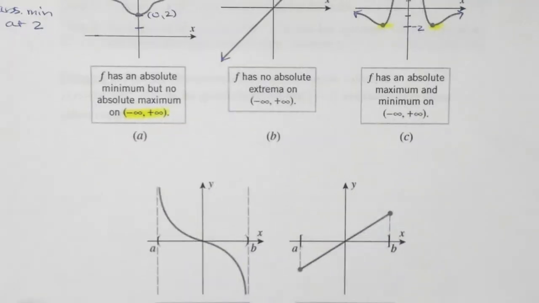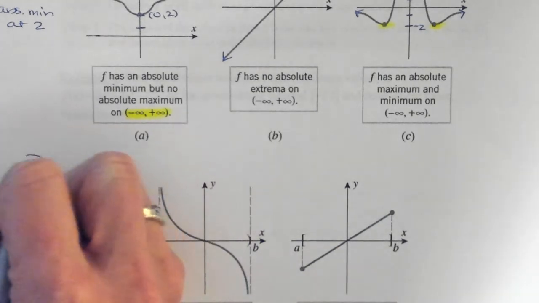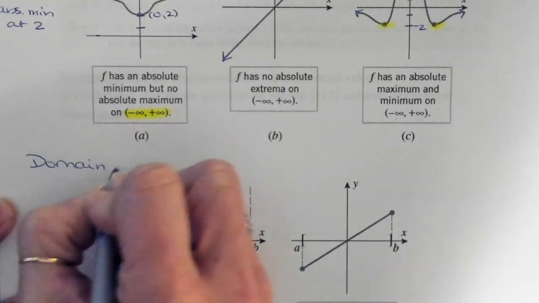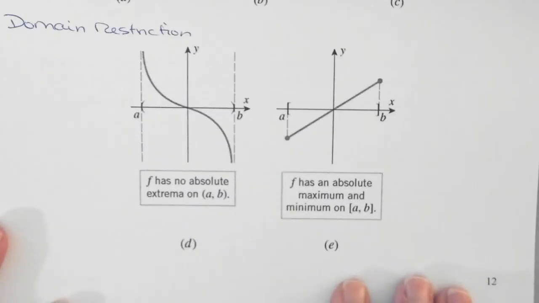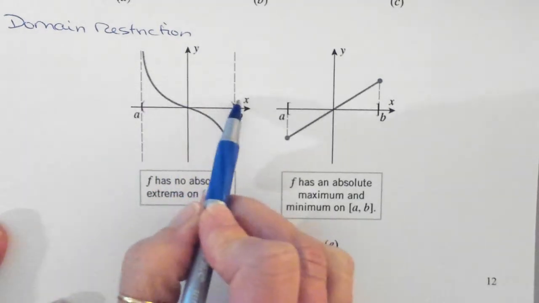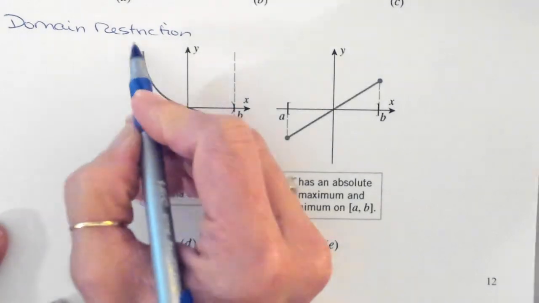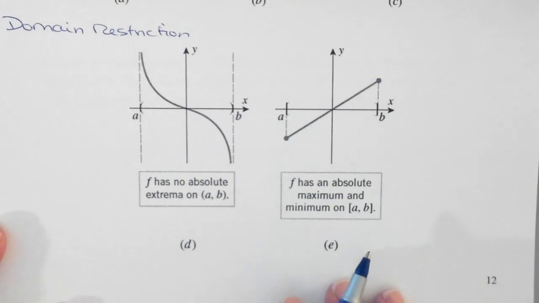Okay, now, if you take a look here, we have a domain restriction. In this domain restriction, these endpoints are not included. And what does this graph look like? It could be like a negative tangent, right?